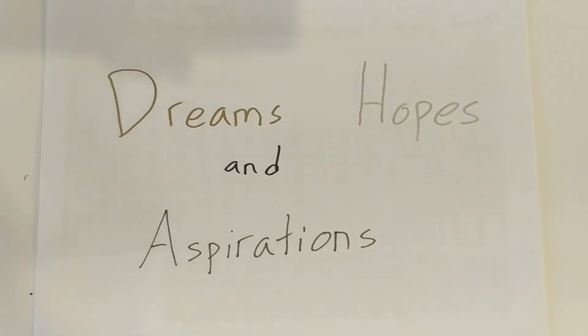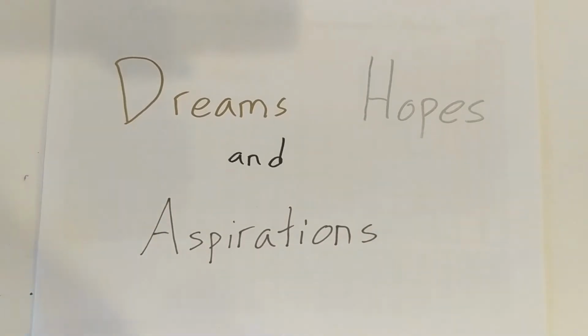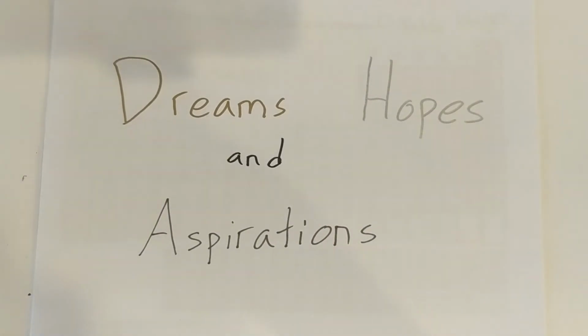This video is going to be all about dreams, hopes, and aspirations. What we want to be. So we all have these dreams. We all have these goals in our heads about what we want to be. We might want to be a famous social influencer.